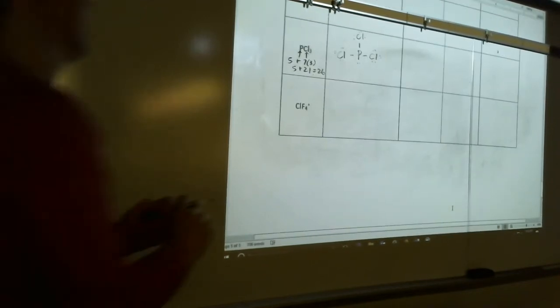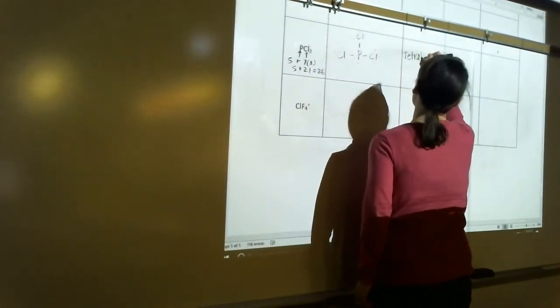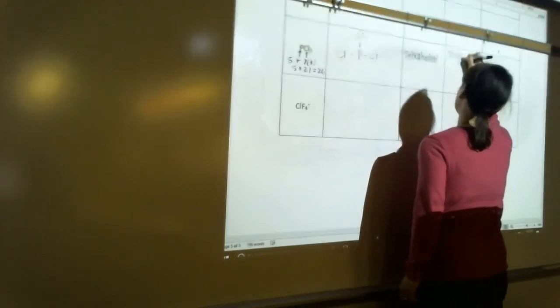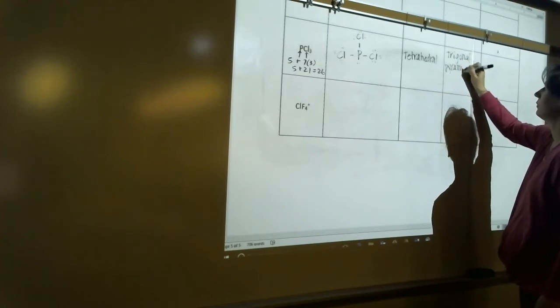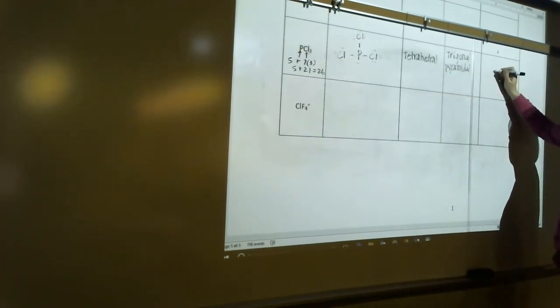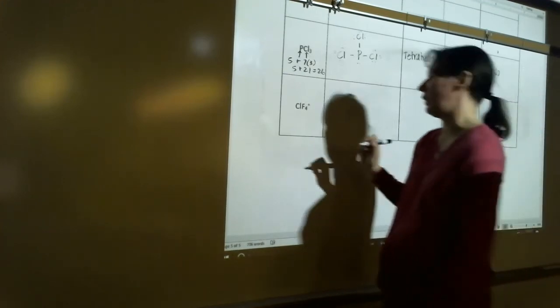So tetrahedral and trigonal pyramidal. Is there resonance? No. All right, last one, ClF4+.